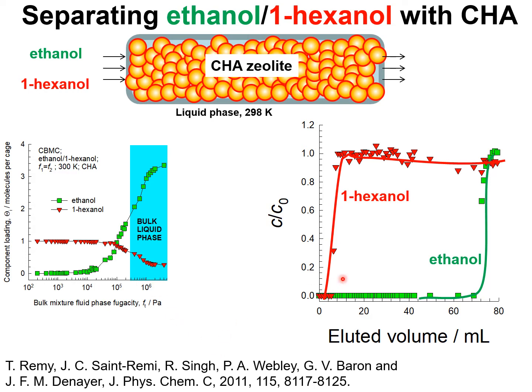So the entropy effects in favor of ethanol are due to differences in saturation capacity that is in favor of ethanol by a factor of 4 to 1.